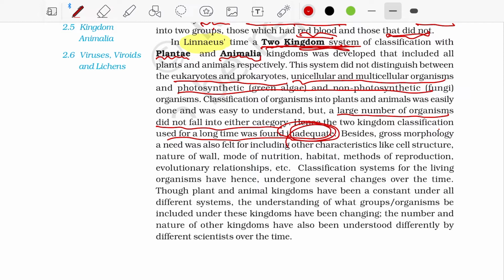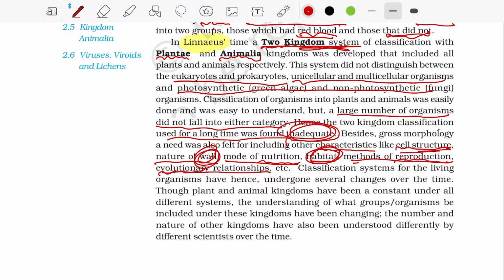Besides gross morphology, the need was also felt for including other characteristics like cell structure, nature of the cell wall, mode of nutrition, habitat, methods of reproduction, evolutionary relationships, etc. So later they began to concentrate on the major special characteristics of organisms, like what form the cell is made up of, what the cell wall is made up of, how they feed, in what habitat they exist, in what form they reproduce, and also how they evolved. Based on that, the scientists began to classify organisms.